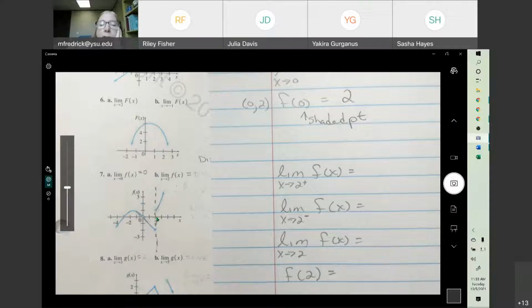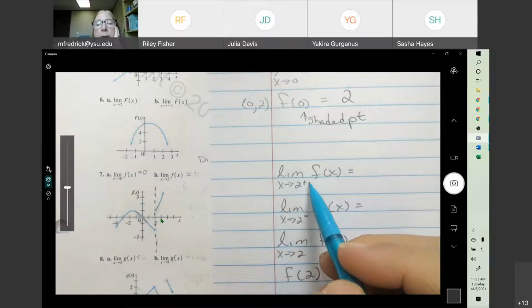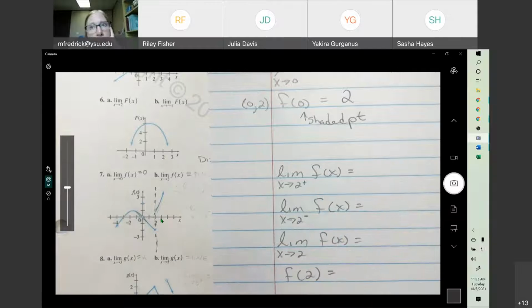So in this case, the first one is from the right, plus a little bit larger. So if I go to the right of the 2, notice I'm here. Because this line's here, I wouldn't be over here because there's no line down here. It's up here. And the point it's going to is the point 2, 1.